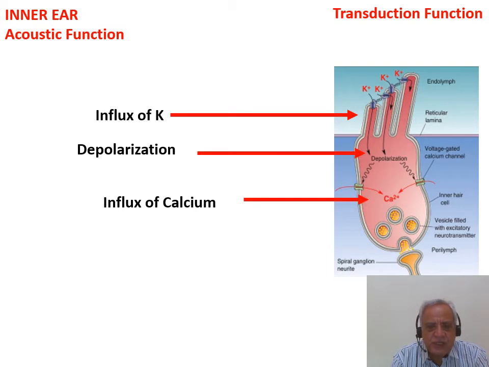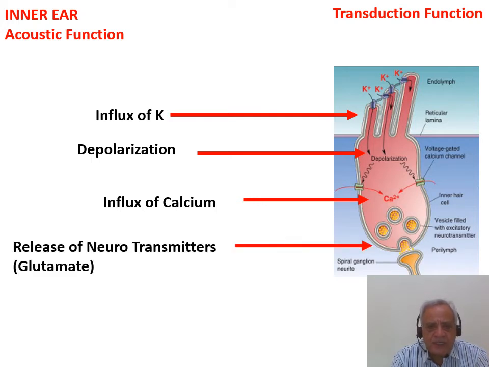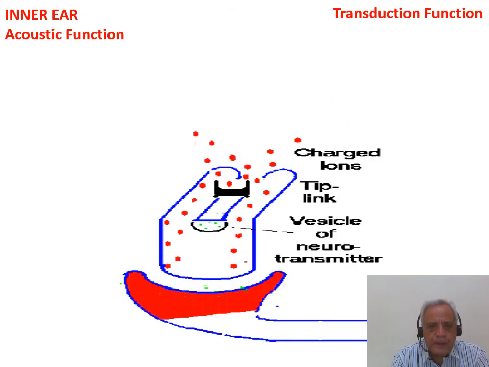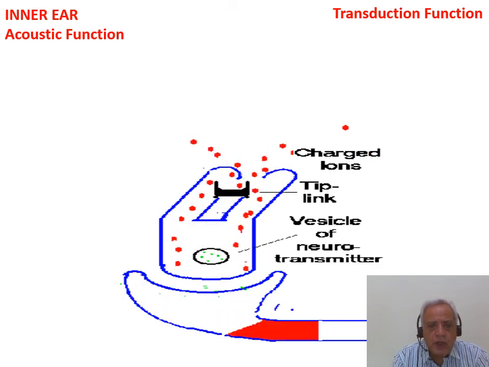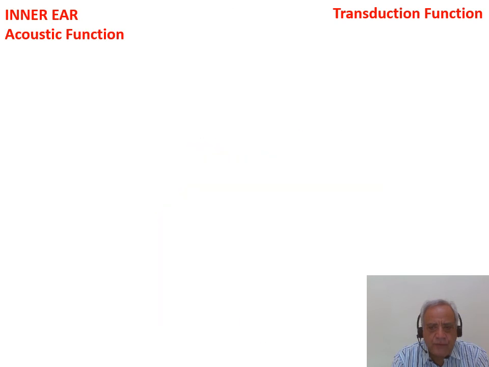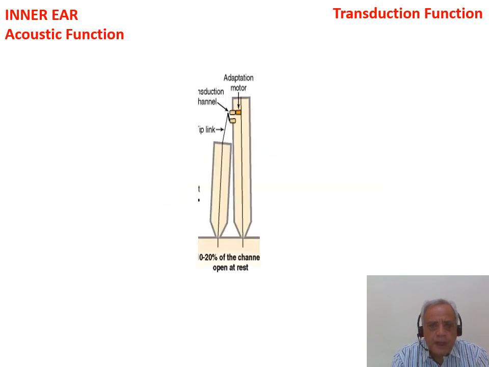This depolarization will allow calcium to enter the inner hair cell from the surrounding fluid. When calcium is inside, it will stimulate the release of the neurotransmitter glutamate, which will stimulate the auditory nerve. So now the mechanical movement has been transduced to an electrical impulse to the auditory nerve.